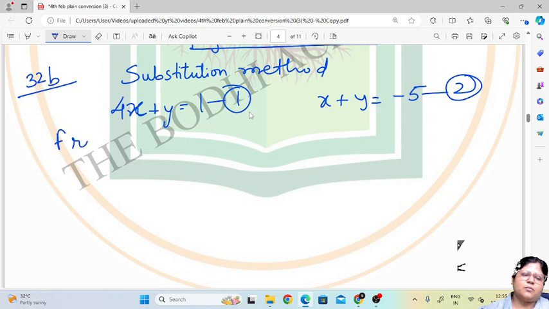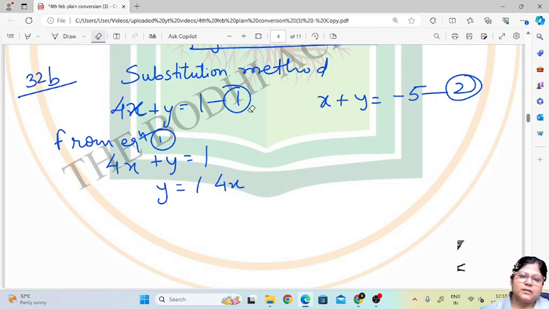From equation 1, 4x plus y equals 1, y equals 1 minus 4x. Can I write it like this? This is positive, when taken to the other side it will become minus. So from here, let us make this equation number 3.